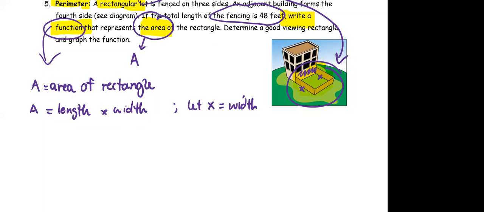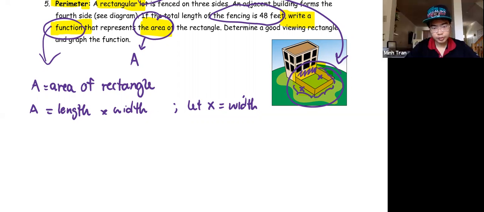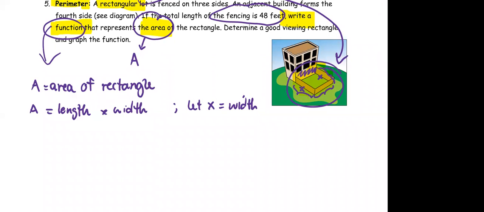Now we have 2x, but with the condition that the fencing is 48 feet, how do we use the number 48? That means when you measure from this side to this side and to this side, overall it must be 48 feet, correct? If you already assign x as the width, we have 2 x's over there.